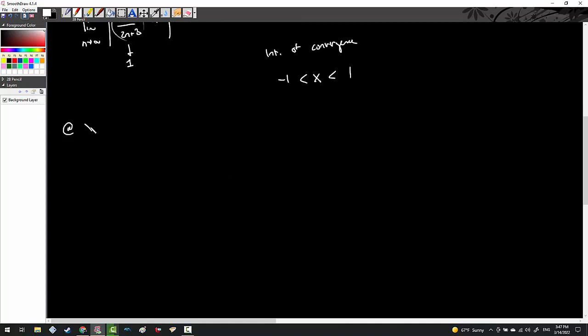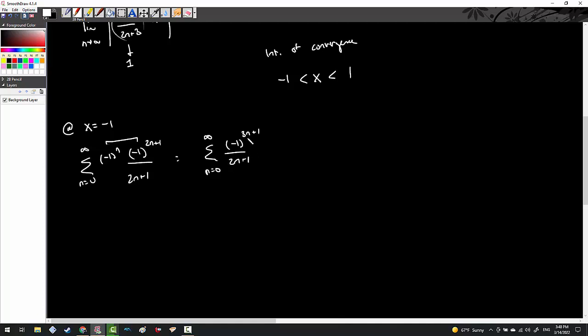So at x equals negative 1, I've got the series from n equals 0 to infinity of negative 1 to the n as my alternator, but instead of x I'm going to put in a negative 1 raised to the 2n plus 1, over 2n plus 1. Now, these can multiply out, and I get the summation from n equals 0 to infinity of negative 1 to the 3n plus 1 over 2n plus 1.